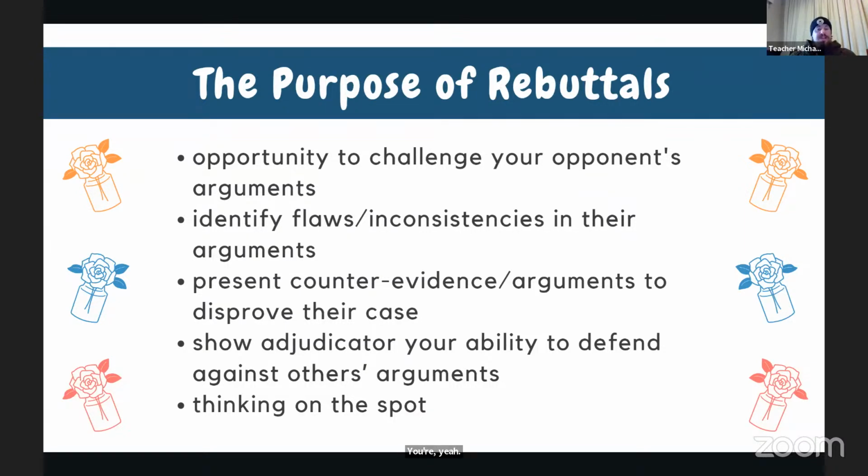adjudicator your ability to defend against opposing arguments. Like we were talking about before, it's not good enough to just say, well, this is my argument, and I believe it because this is what I think. You need to be able to show your ability to defend your arguments, and as well, because you don't know the points that the other team is making going into the debate, you have to think of your rebuttals on the spot.